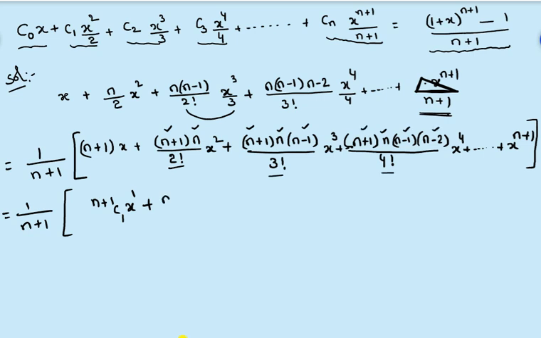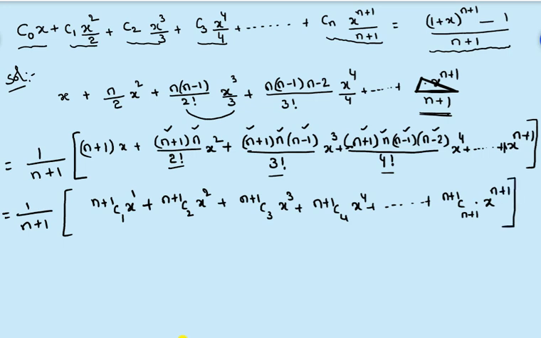So this we can write as n plus 1 C2 into x square. The next one, n plus 1 C3 into x cube, plus n plus 1 C4 into x to the power of 4, plus and so on. The final one, n plus 1 C n plus 1 into x to the power of n plus 1.